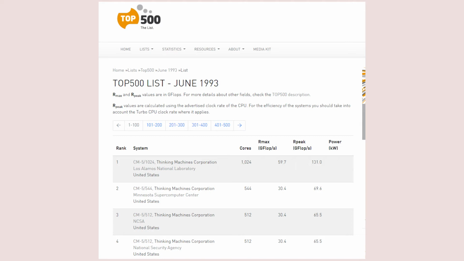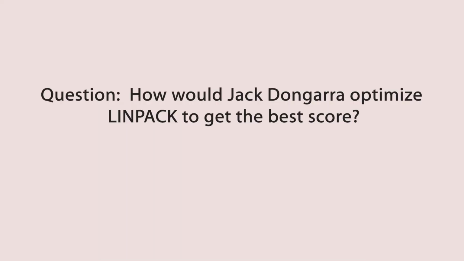So putting yourself in the place of these student cluster competition teams, what would you do to best optimize and get the best LINPACK score? Right. So with LINPACK, of course, the kernel or the operation which is the most computationally intense is matrix multiply.